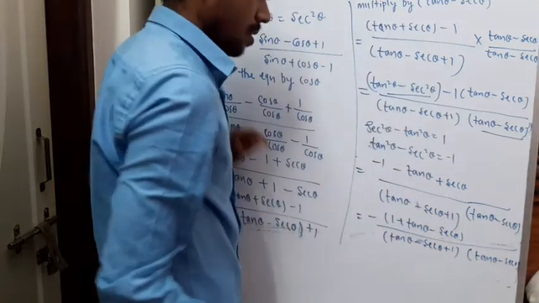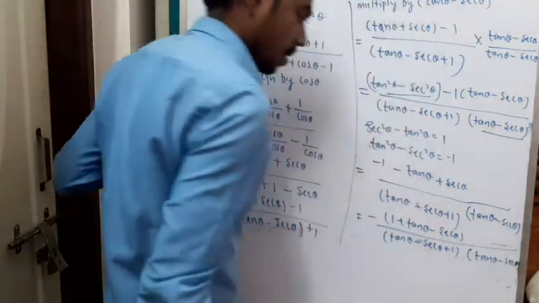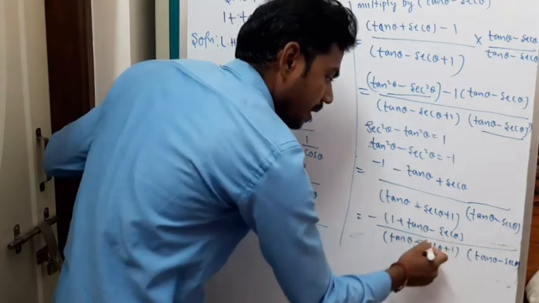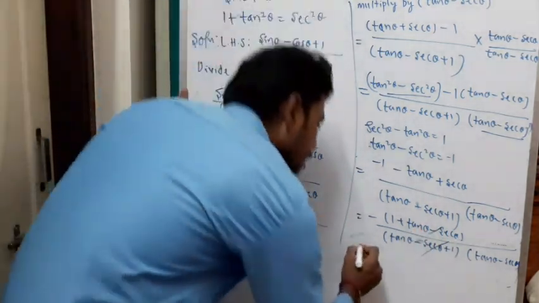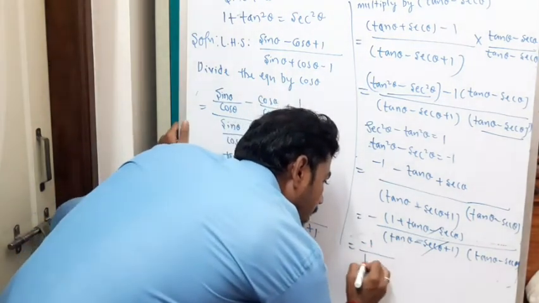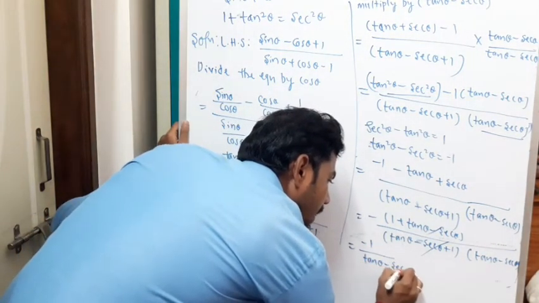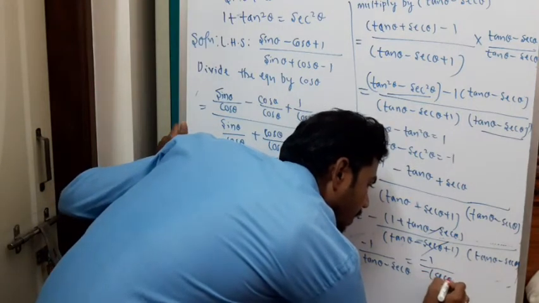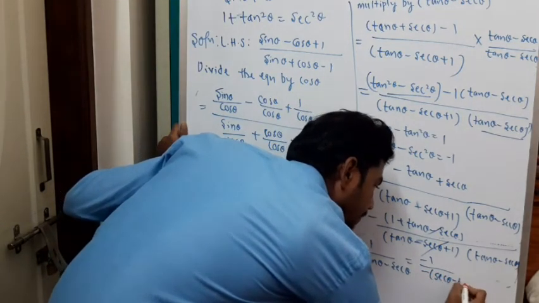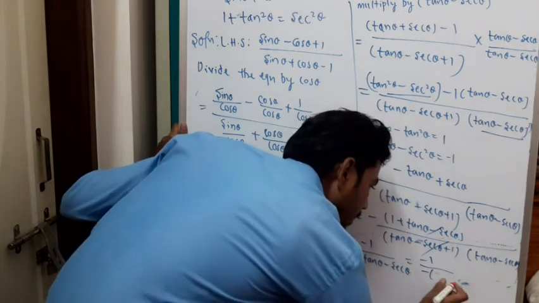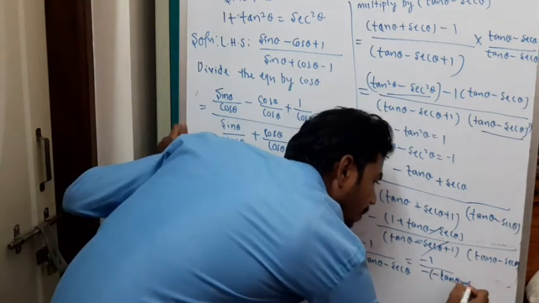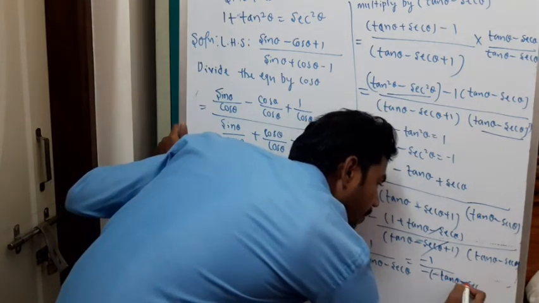See, the term 1 plus tan theta minus secant theta in the numerator and in the denominator get cancelled. We have minus 1 divided by tan theta minus secant theta. I'll keep minus 1 as it is and take minus out common in the denominator.